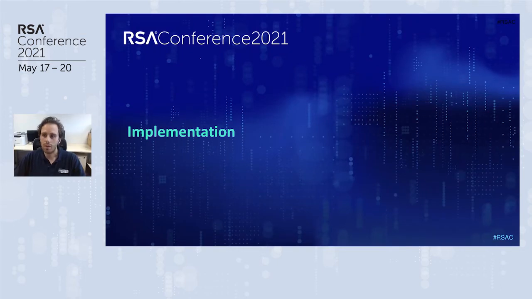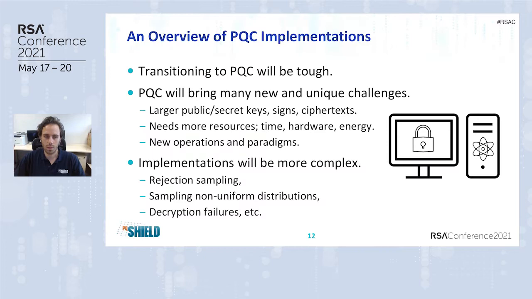Yeah, so the second half of our paper and our talk outlines the issues we've seen in the past with implementing these post-quantum schemes. And I think one thing we can say for sure is that the transition to post-quantum will be difficult, and we've seen that with some of the issues noted in the paper. We know that post-quantum brings many new and unique challenges to implementing cryptography.